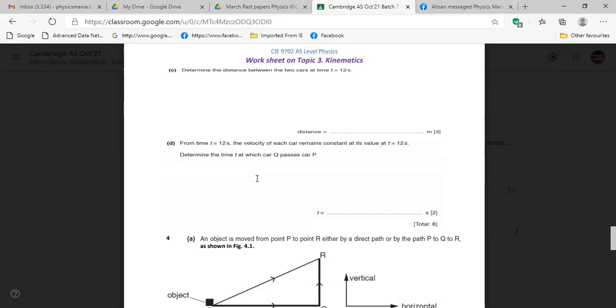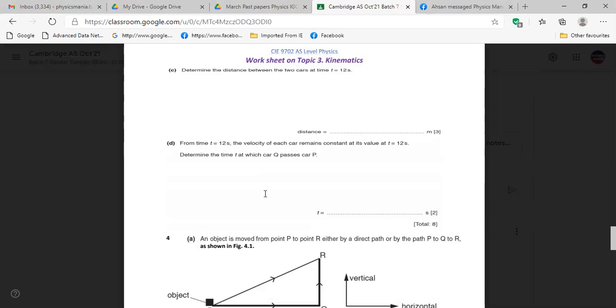And Q has now more velocity, so it can go faster, right? How much time will it take to cover this 84 meter by Q, so that it can reach P? That one we have to calculate, right?